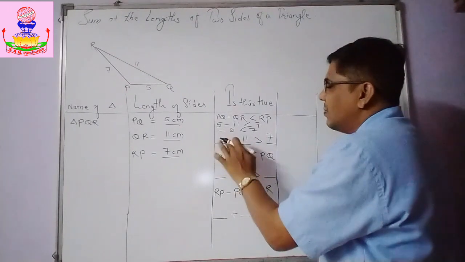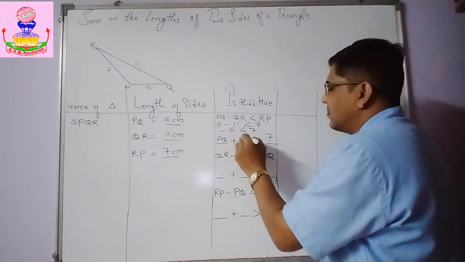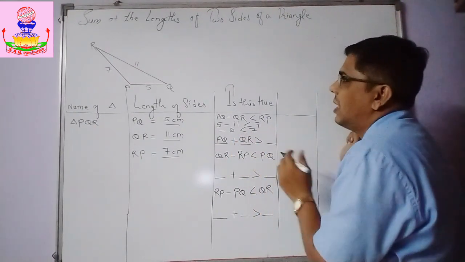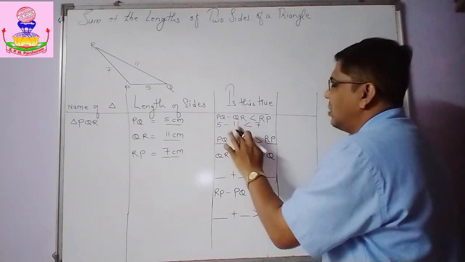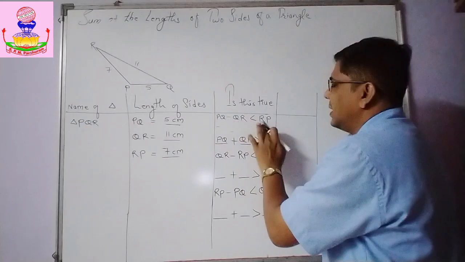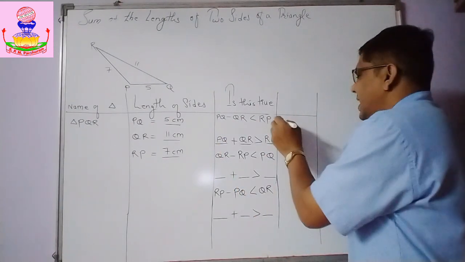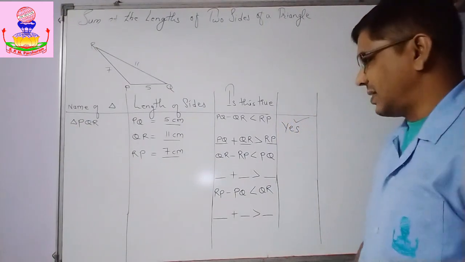So PQ plus QR, is it greater than RP? Yes, it is. PQ minus QR is smaller than RP. Am I right? Is it true? Yes. So on yes, you will tick mark.